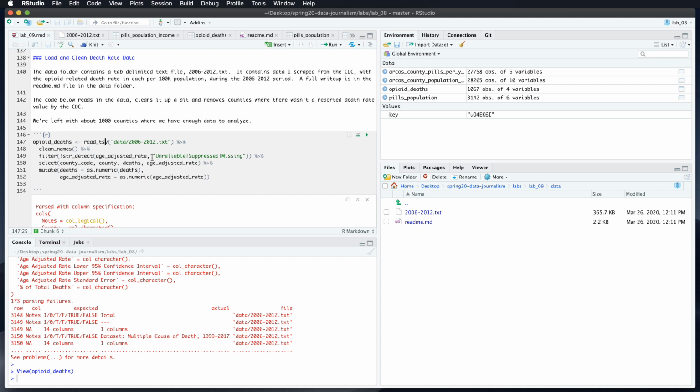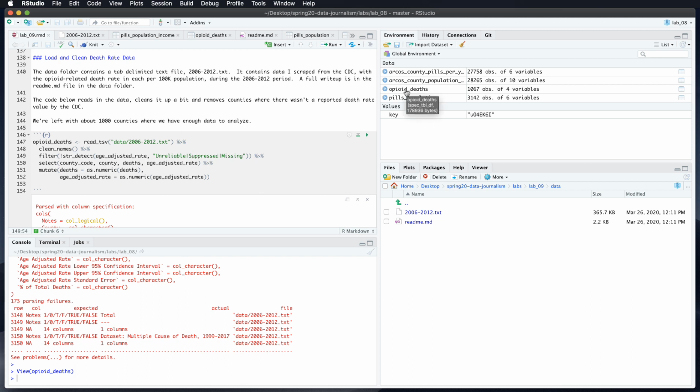So I basically said here, look for, instead of where it says a number in age-adjusted death rate, the words unreliable, this pipe means or, suppressed, or missing. Filter those out and only return those that have a number. And then I converted the column types to numeric, just so we can work with them later.